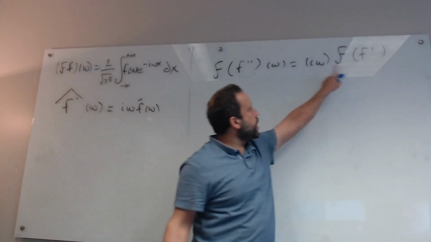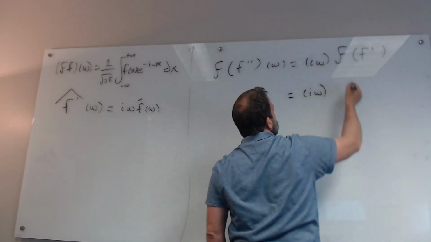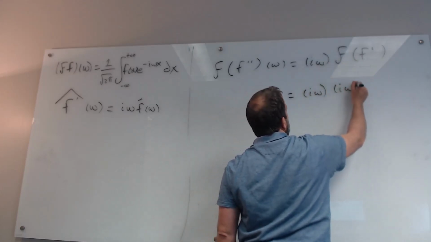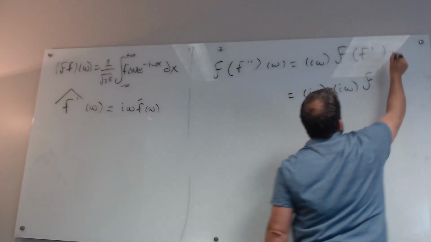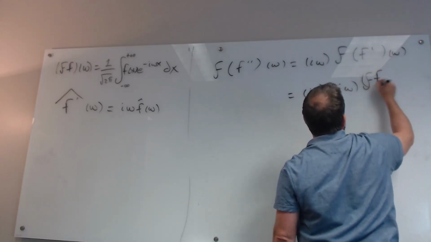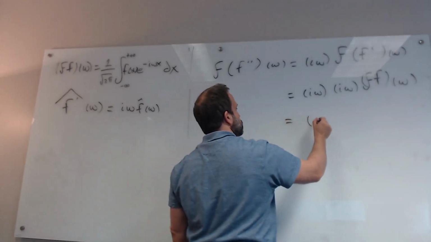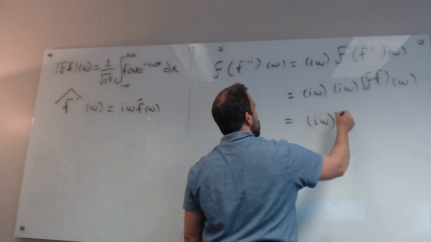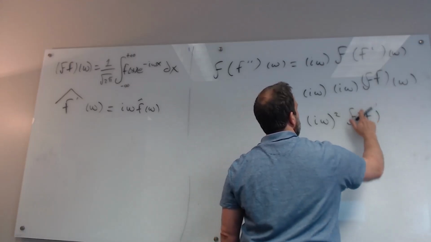Well, the Fourier transform of f prime is i omega times the Fourier transform of f at omega. So this is equal to i omega squared times the Fourier transform of f.